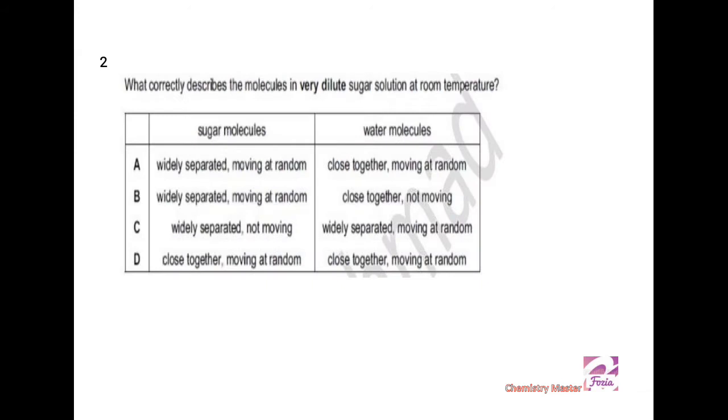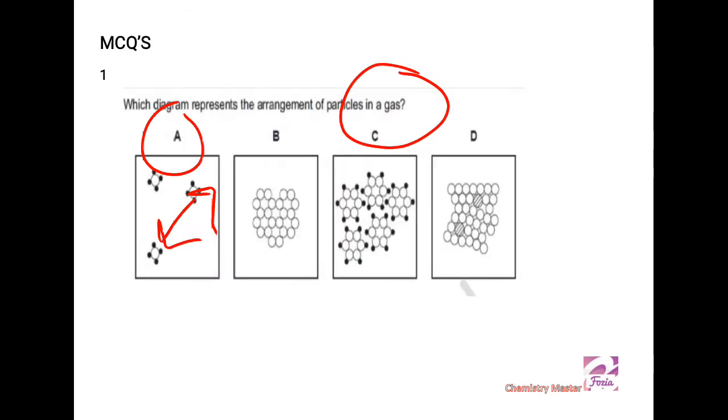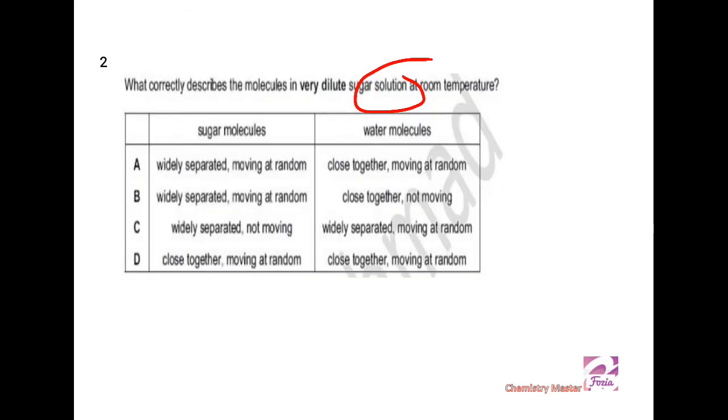Second MCQ is: what correctly describes the molecules in a very dilute sugar solution at room temperature? When we see the term solution, a solution is a homogeneous mixture of two or more components. When we see the term dilute, we understand that dilute means very little solute dissolved in solvent.